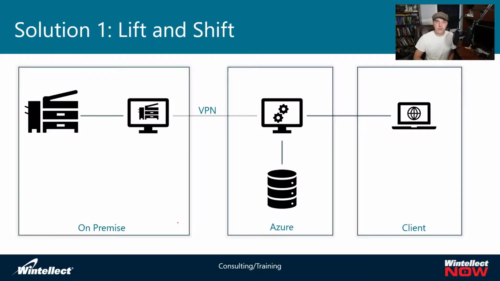So here's the first scenario I want to talk about, and this is lift and shift. Lift and shift is basically where you take an application as it's hosted on-premise and you put that on Azure. In this case, I'm hosting it on a virtual machine. I have my application running on a VM, and it can run on a VM on Azure as well. Now, I could move the VM from on-premise into Azure, or I could create a marketplace VM on Azure and reinstall the application on that.